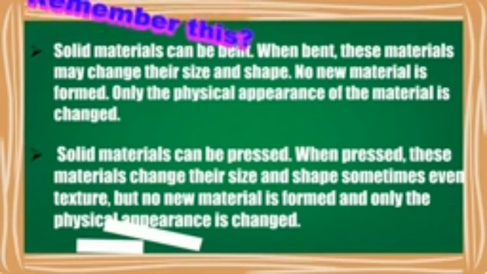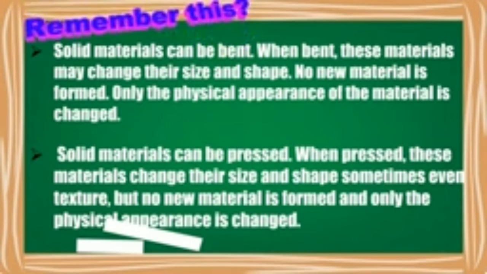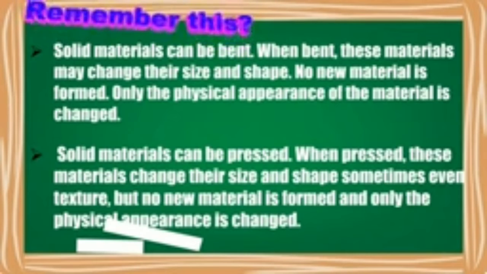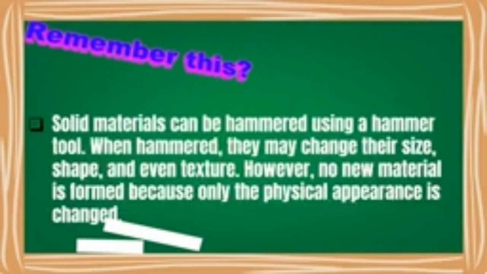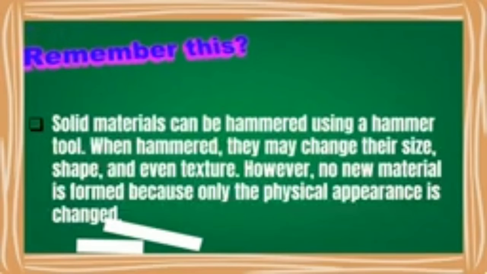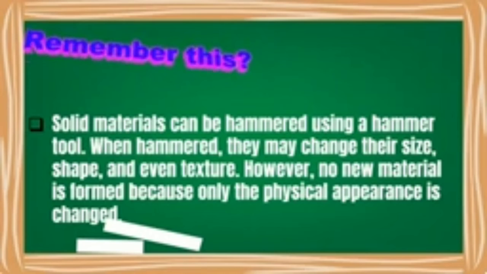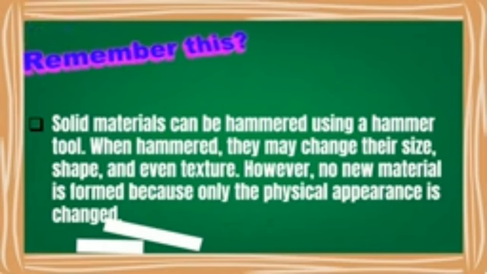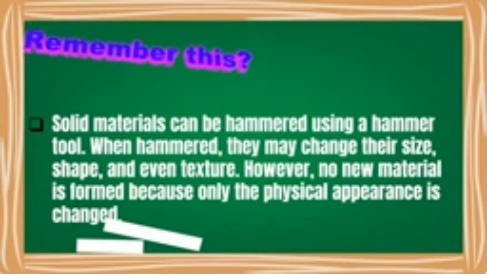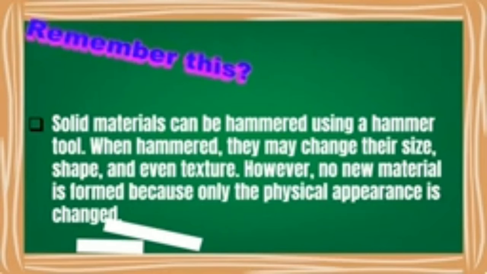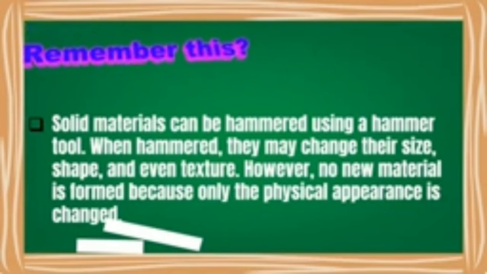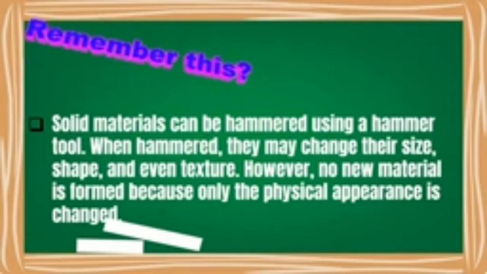But no new material is formed. Solid materials can be hammered using a hammer tool. When hammered, they may change their size, shape, and even texture. However, no new material is formed because only the physical appearance is changed.